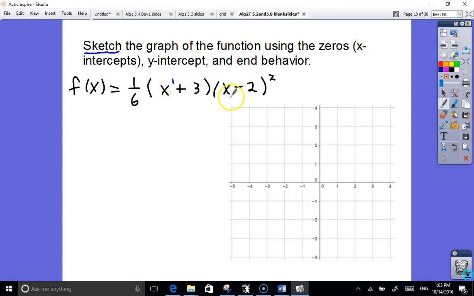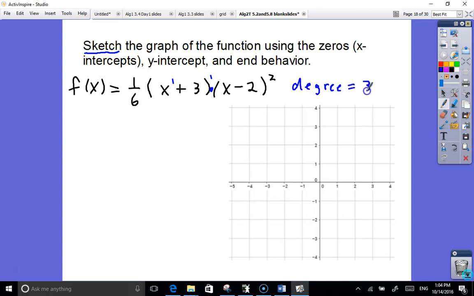If I multiply x minus 2 times x minus 2, I get x squared. Then if I multiply it again by x plus 3, I would get x to the third. That's a 1, that's a 2, so the degree is 3.